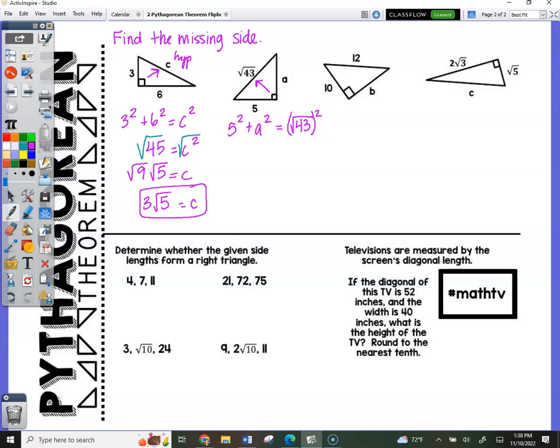It doesn't actually change. So this would be 25 plus a squared equals 43 because those cancel. Now subtract 25. What's 43 minus 25? 18. Now we're ready to take the square root of both sides.